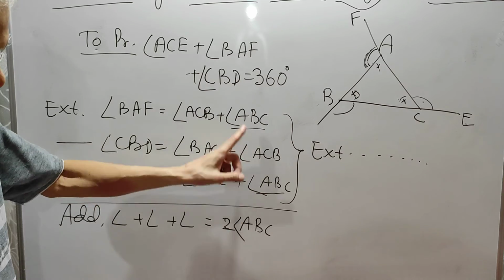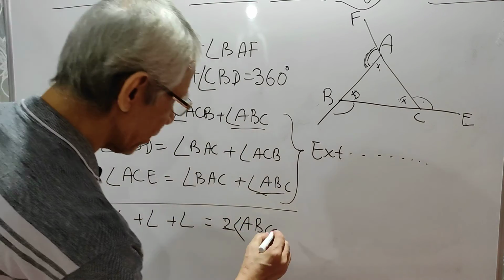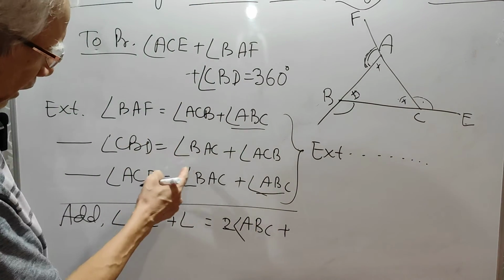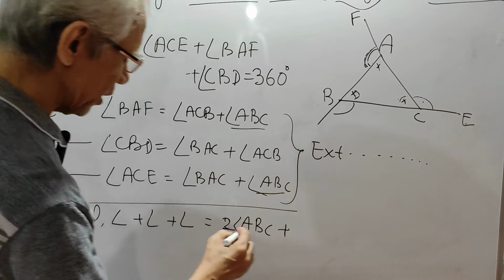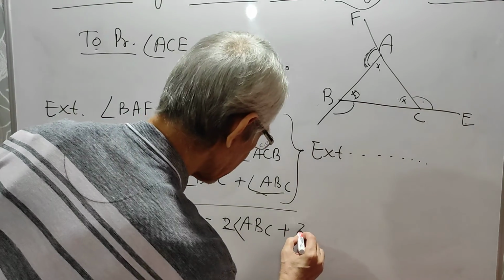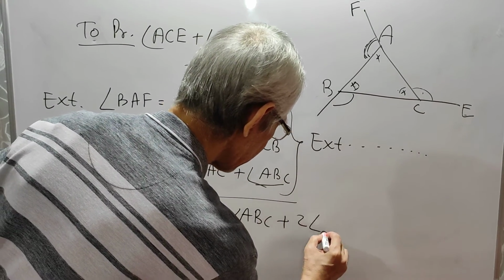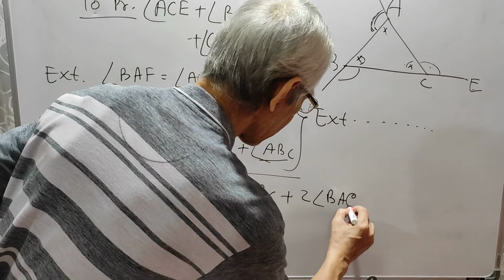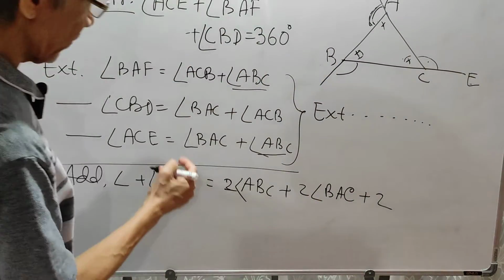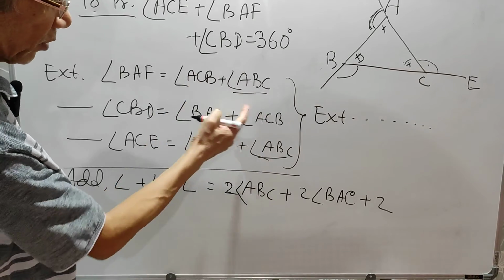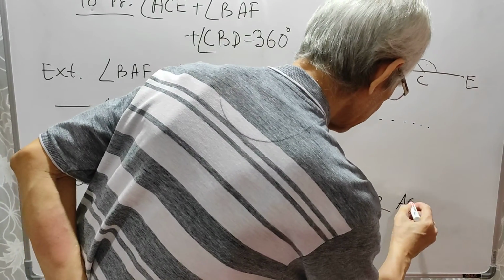Now ABC same, so twice ABC. Plus BAC same, twice BAC. Plus ACB same, twice ACB.